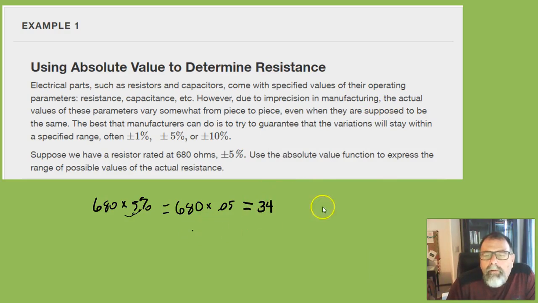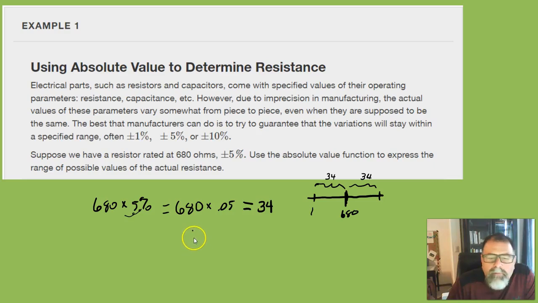Okay. So again, if we think about the geometry, 680 is going to be right here, and we want to be within 34 units. So we can figure out the minimum and the maximum, but that's not what this is asking for. They just want us to write it as an absolute value function.